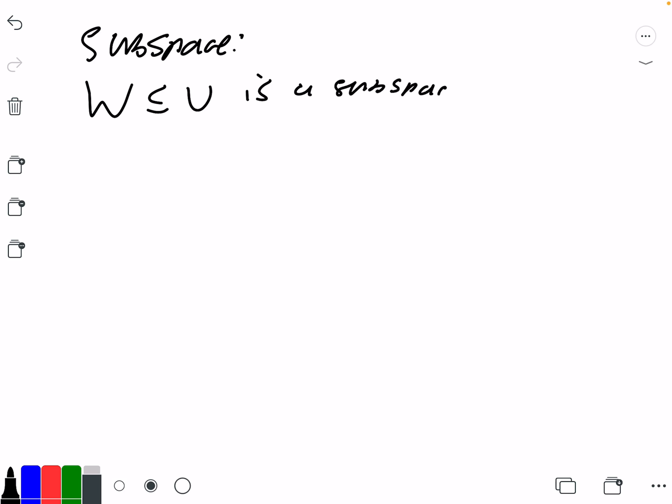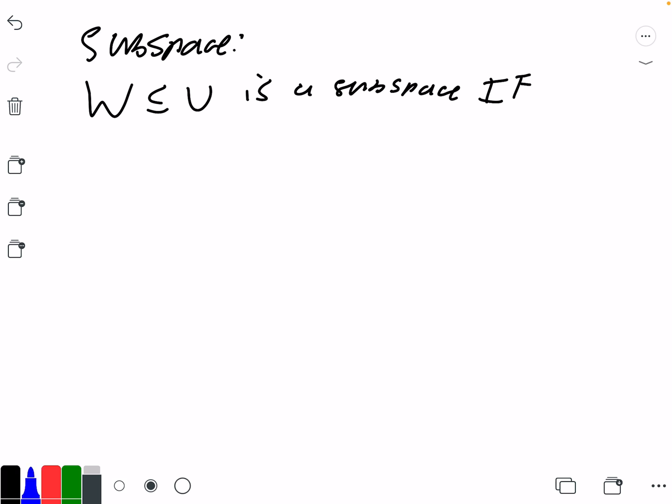So now we'll talk about vector subspaces. So a subspace, let's say W is going to be a subset of V, is a subspace if W is also a vector space on the same field using the same operations from its parent set. So it inherits the operations, and it must hold for W as well.